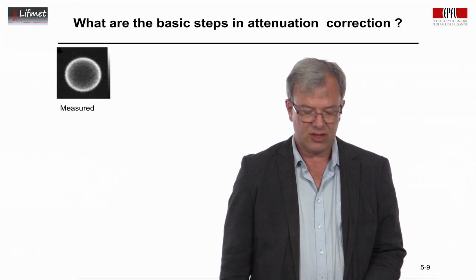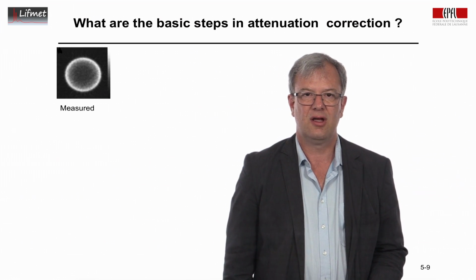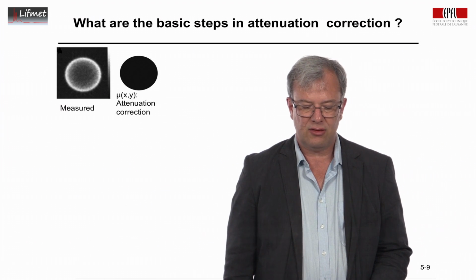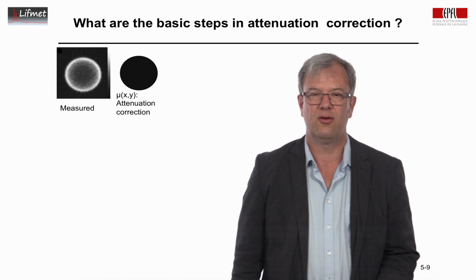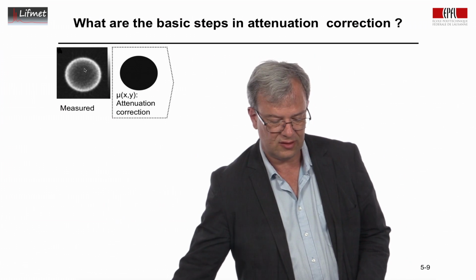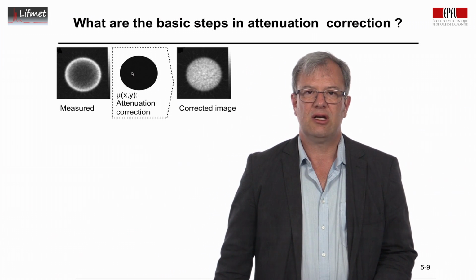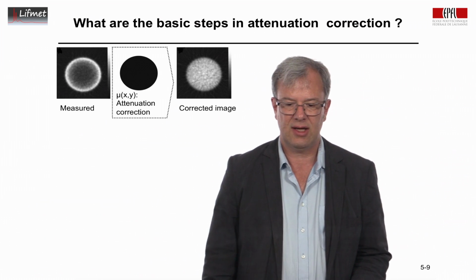So here we have the image again. This is what we've measured in our sphere of a homogeneous signal. We will calculate the linear attenuation coefficient as a function of position, and we can use that for attenuation correction. So we use the measured or calculated linear attenuation coefficient, and we can correct the image intensity.